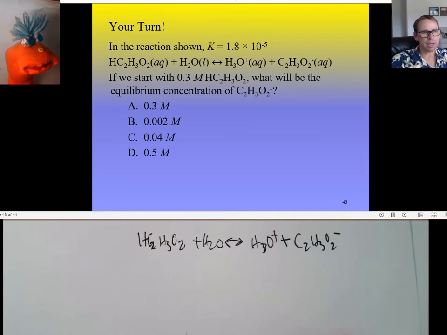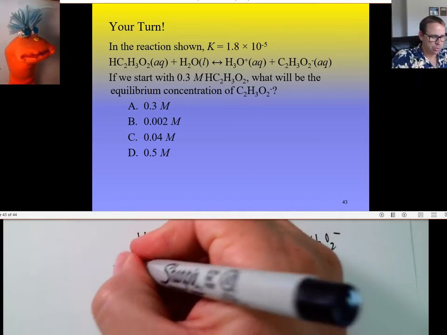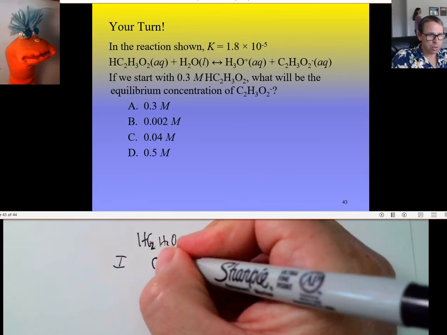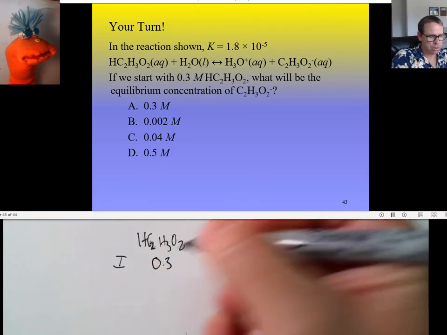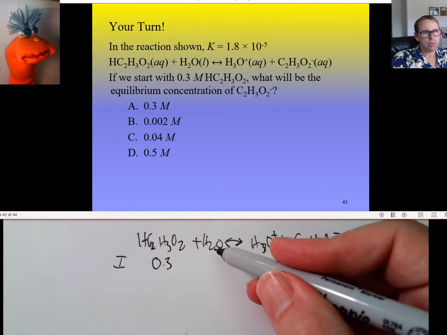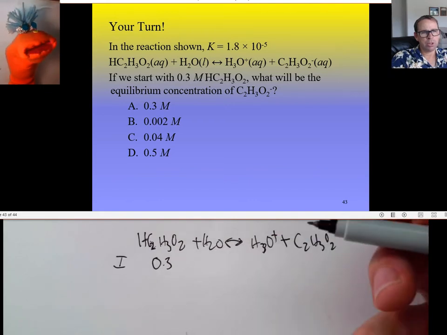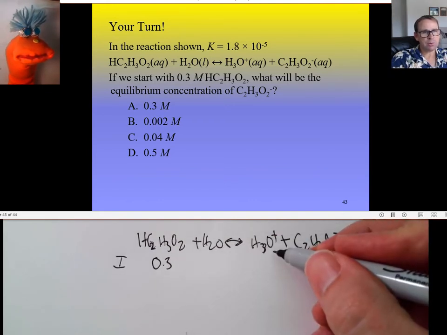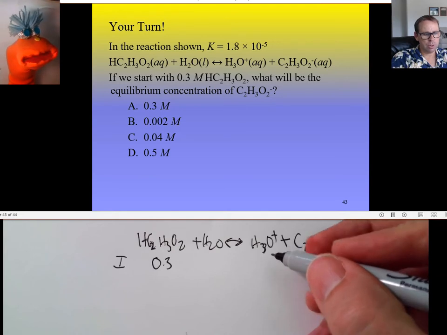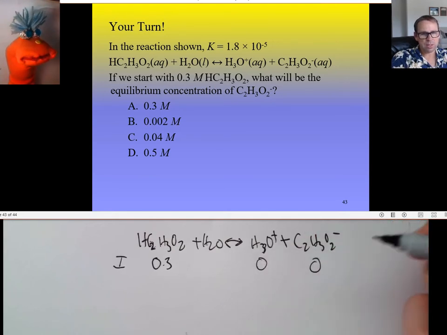So there's our chemical reaction. We start with 0.3 molar of the acetic acid, the initial stuff. So we go through and identify our initials: 0.3 molar. How much water? Well, that's a liquid, so we don't care. That's not in the expression. How much of this stuff do we have? It doesn't say we have any of that, so 0 and 0 of this then, right?